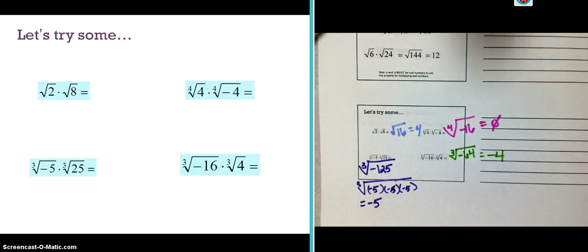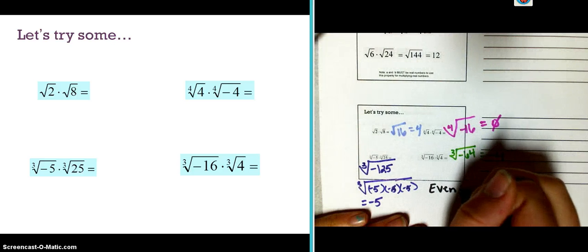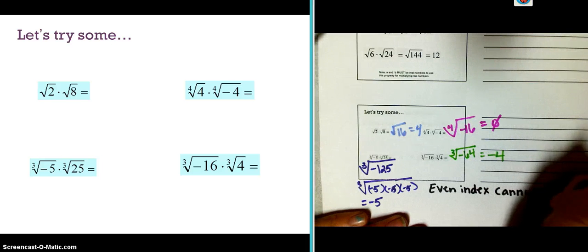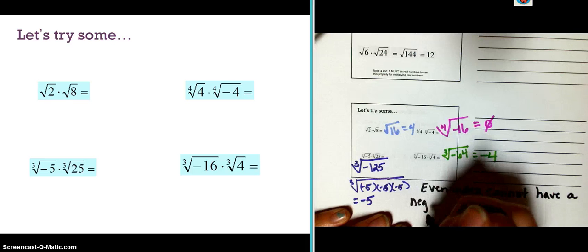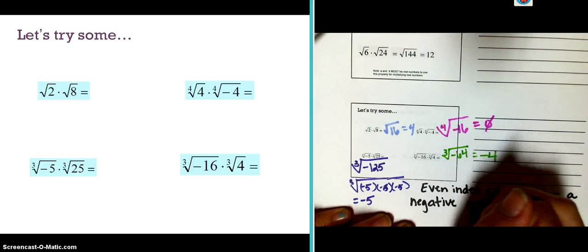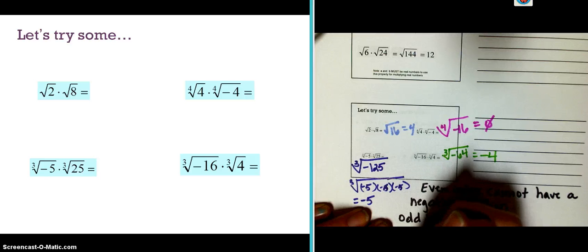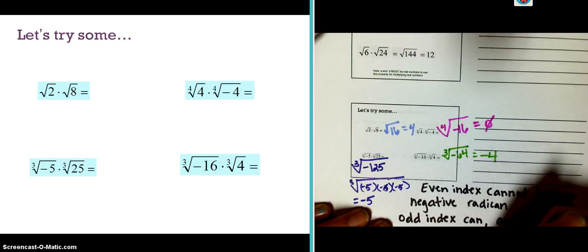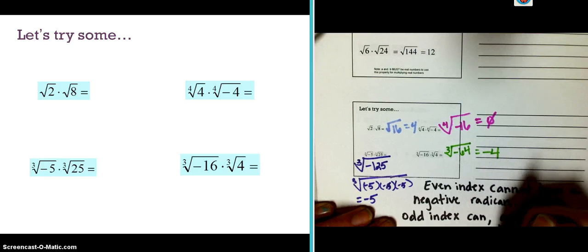If you'd like to put it in your notes, I'll write right here. An even index cannot have a negative radicand. An odd index can, and the answer will be negative.